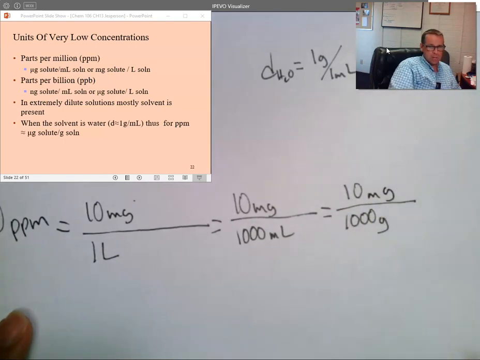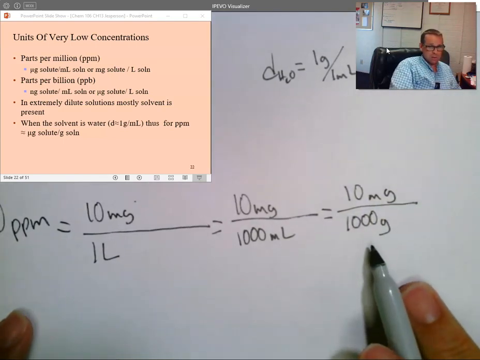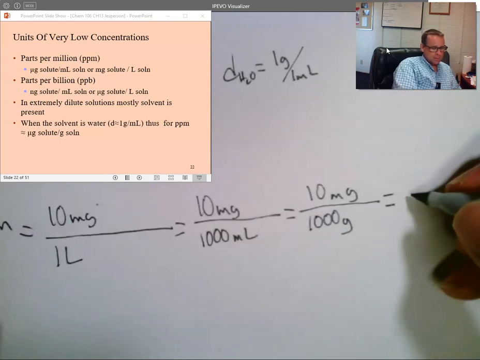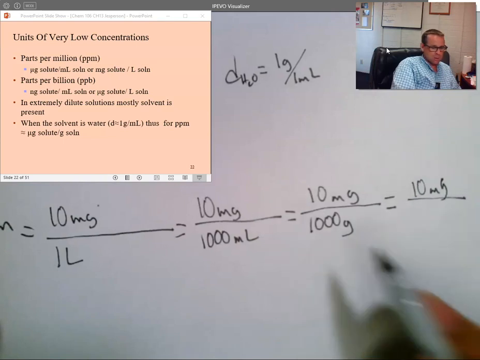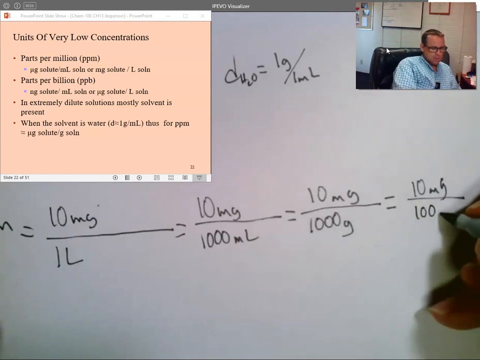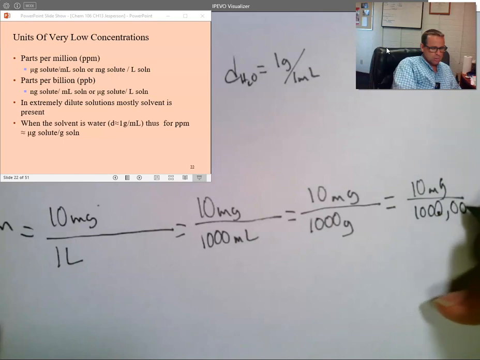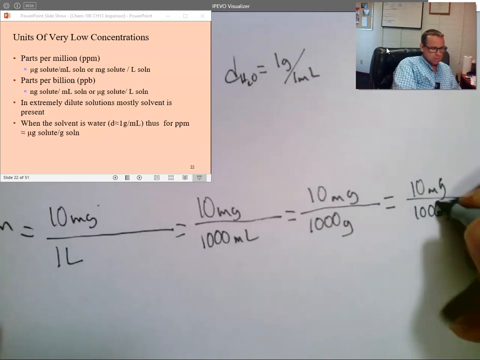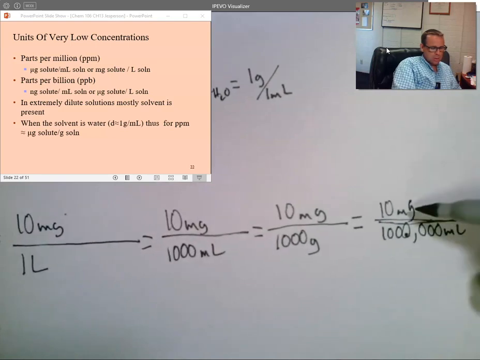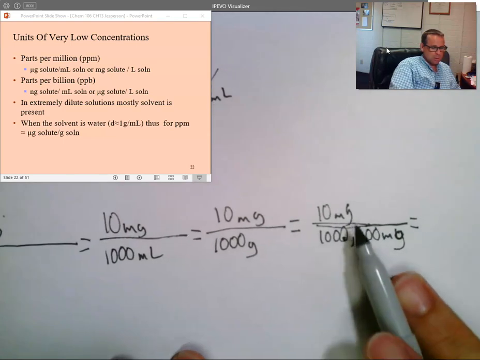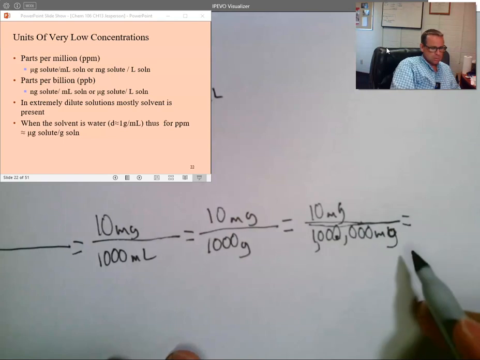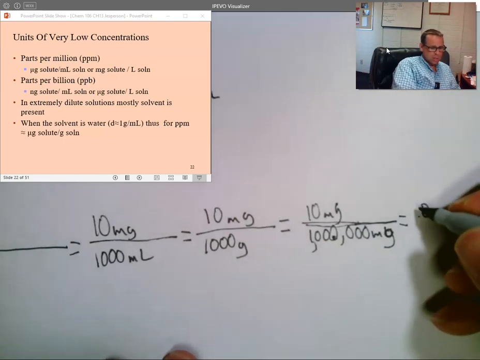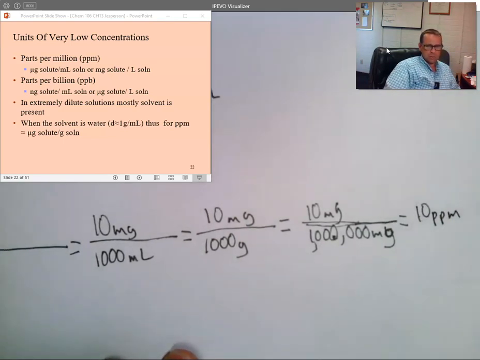So that's 10 milligrams for every 1,000 grams. And if I take my 10 milligrams and put it over not 1,000 grams, but convert this to milligrams, that's 3 more zeros, milligrams. So now we can see how when they're in the same unit, it's 10 out of every million parts, right? So this is 10 parts per million.